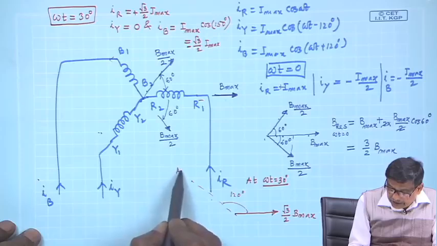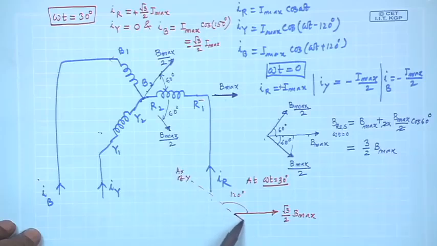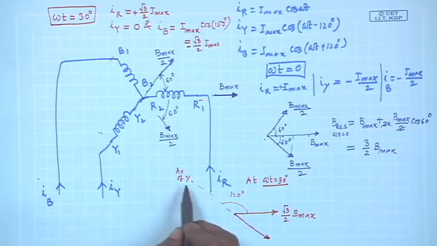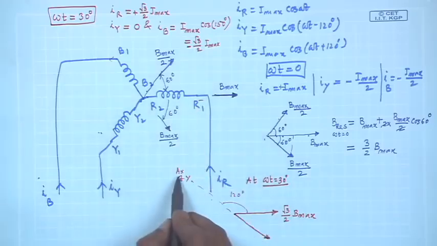This is axis of Y. So, this field will be like this at omega t equal to 30 degree. So, this is R phase, Y phase nothing is there, and B phase, sorry, B phase axis.